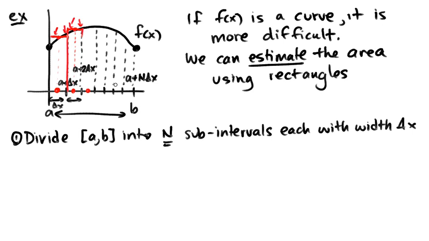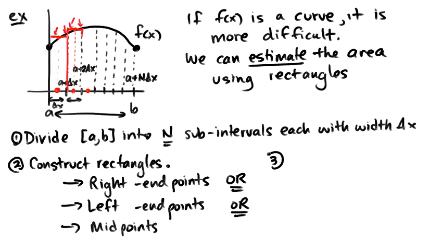So you can use the right endpoint, the left endpoint, or the midpoint. Once I've constructed all my rectangles, then I can find the area of a rectangle fairly easily. So my last step would be to multiply the length and width of those rectangles and add them up.